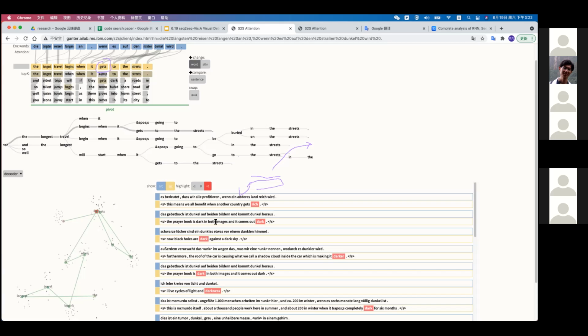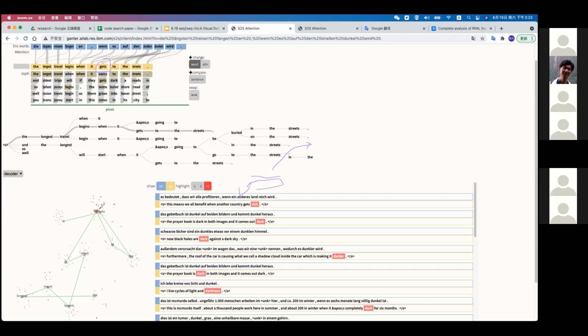Actually, the decoder state of get, not the dark. So your point is that the decoder space with get is very consistent. Yeah, I mean that whatever can appear in the sentence, the decoding vectors look very similar to each other. Yeah. So get's decoder hidden state will have very consistent neighbors.